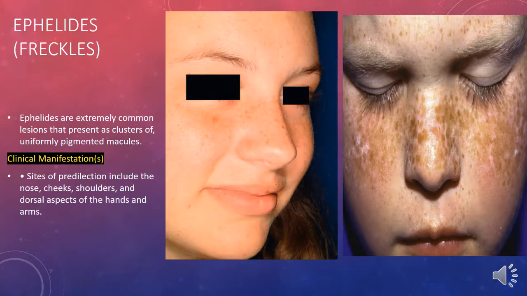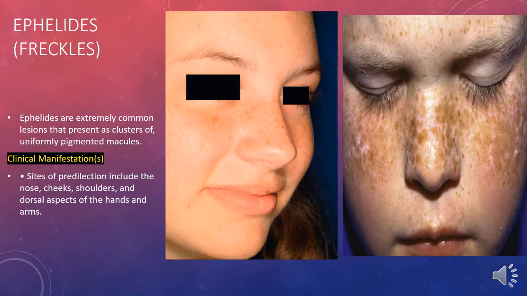They are more common and more numerous in individuals with red hair and blue eyes, with a probability of an autosomal mode of inheritance as well. Sites of predilection include the nose, the cheeks, the shoulders, and the dorsal aspect of the hands and arms. All of them are sun-exposed areas.